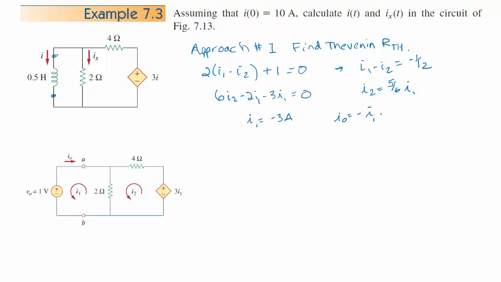So it's 3 amps. So we found our current there. You can also find I2 is 5/6 I1, which is 5/6 times 3. So there we go.